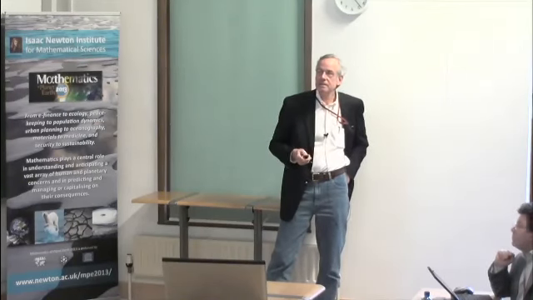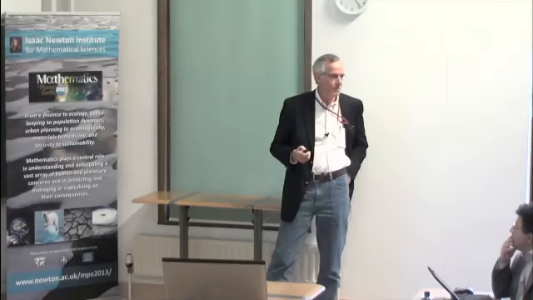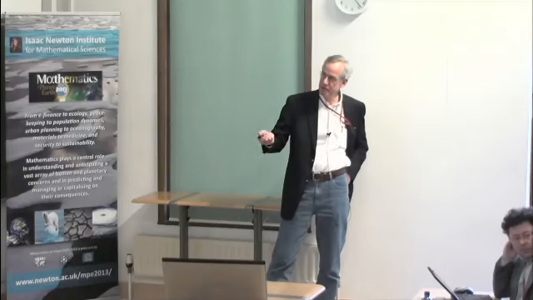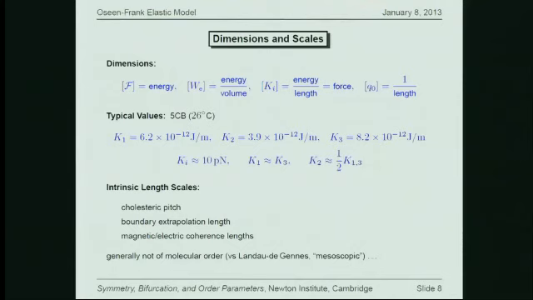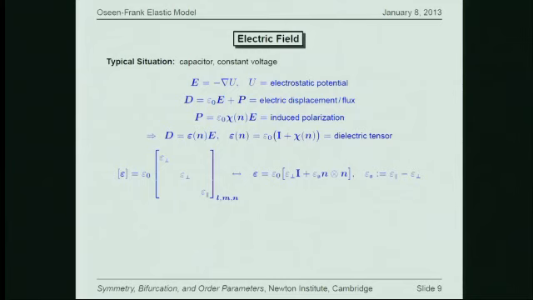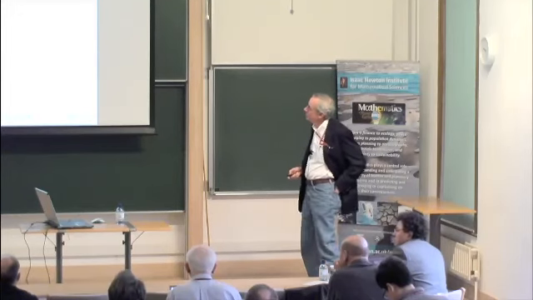But otherwise, this is a truly macroscopic model. Without these additional features, you do not have intrinsic length scales, which in a way distinguishes it, in my view, from the Landau-de Gennes model, where you have distortional terms, bulk terms, the ABC coefficients, and they have different dimensions, and from them you can form intrinsic length scales which are of molecular order. So that's usually referred to as a mesoscopic model, where this is a macroscopic model.